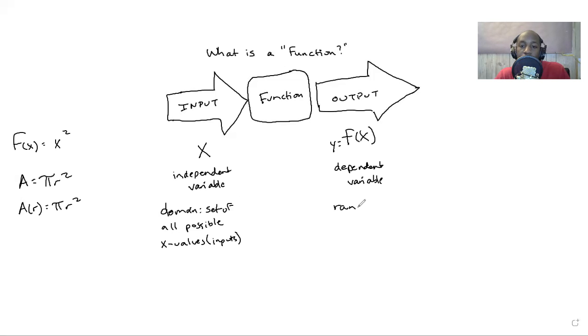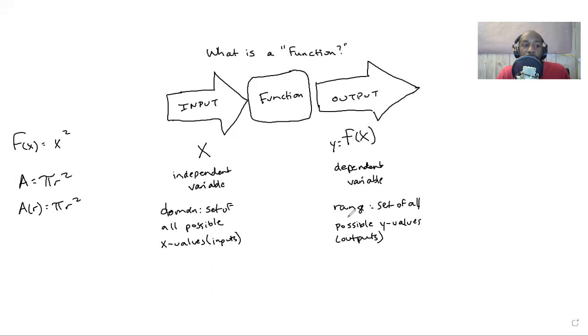The range is the set of all possible Y values. And Y values, of course, are outputs. So hopefully you see how straightforward this is. Okay, let's keep on going.